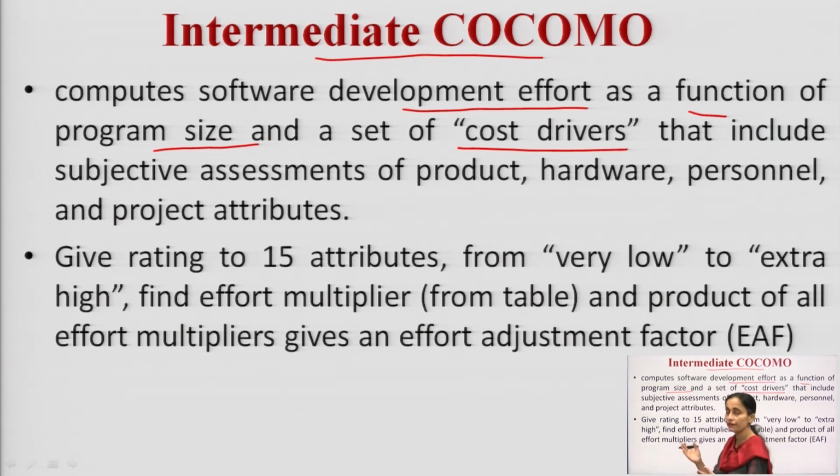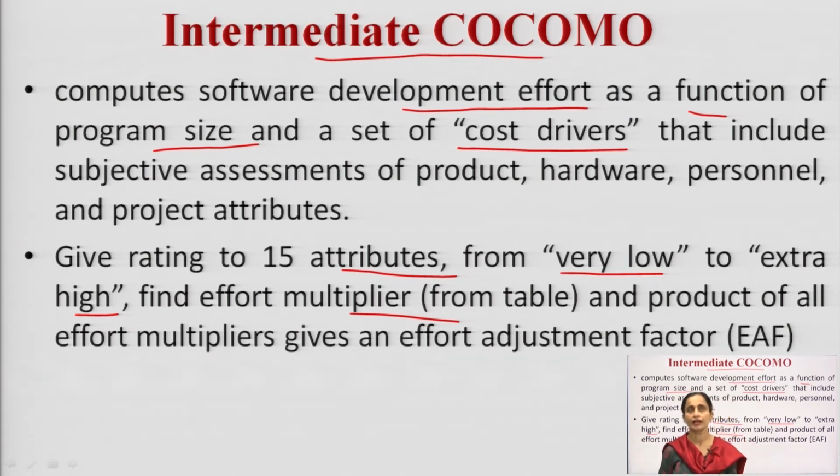These cost drivers that I have just mentioned in the previous slide mean that here I am taking the assessment of product, hardware, personnel and project attributes. So, I give a rating to the 15 attributes that I have just listed, from very low to extra high. We have to find the effort multiplier, and the product of all the effort multipliers gives us the effort adjustment factor.